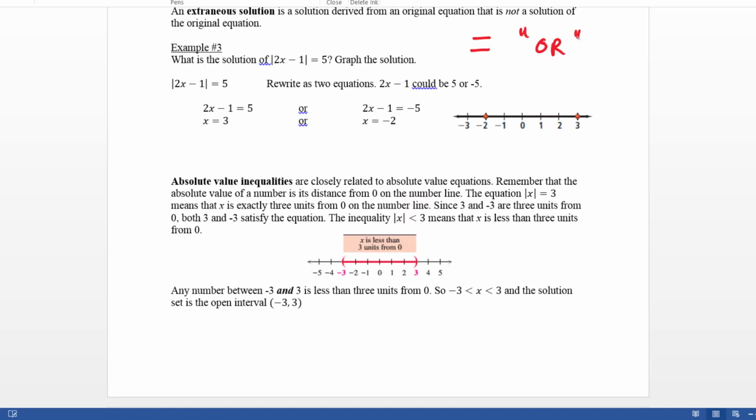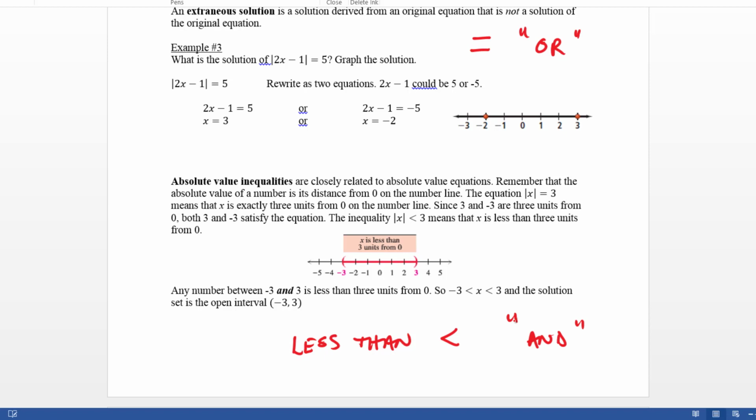So if we now look at absolute value inequalities, we need to make a distinction between the types of compound inequalities that we're going to be dealing with. And so if we are looking at an absolute value inequality that has a less than symbol, less than symbols create an and statement.